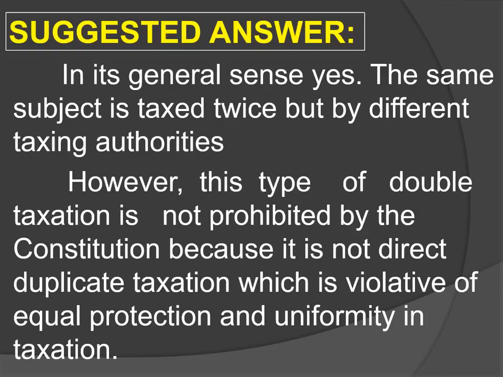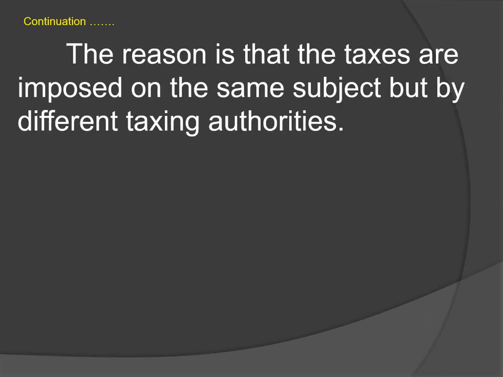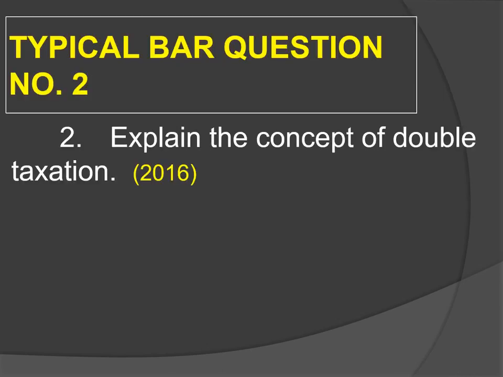Because the same subject is taxed twice by different taxing authorities. However, this type of double taxation is not prohibited by the Constitution because it's not direct duplicate taxation, which is violative of the Equal Protection and Uniformity Clauses. The reason is that the taxes are imposed on the same subject but by different taxing authorities.